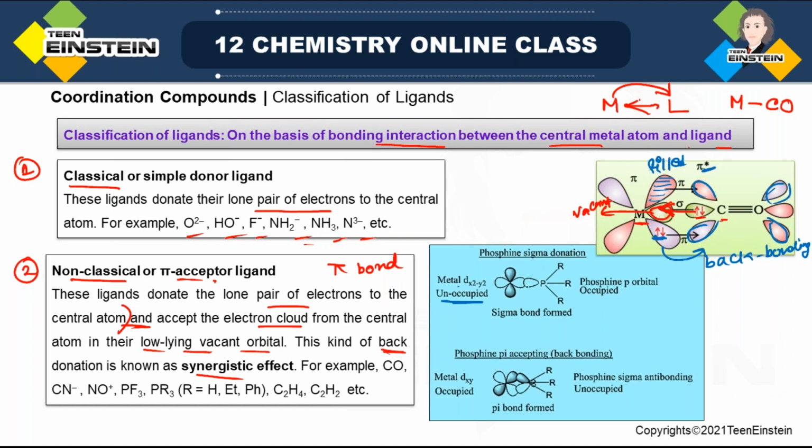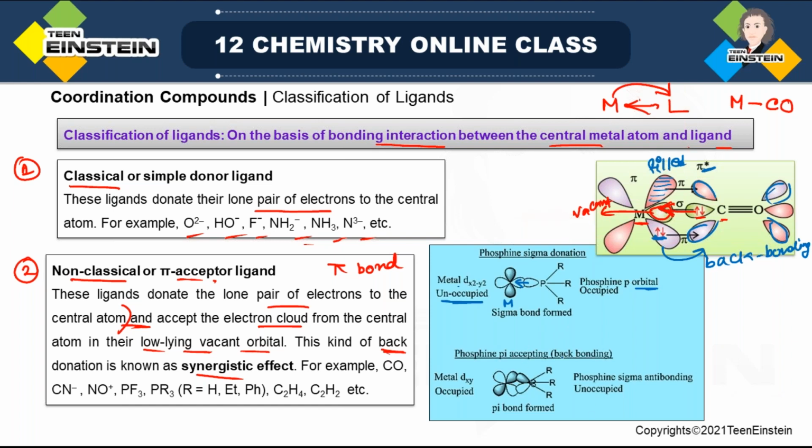So phosphorus is donating its electron pair towards the metal. This is the metal d orbital dx square minus y square, and this is a sigma bond. It is the filled p orbital of phosphorus through which it is bonding to the metal and donating electron density towards the metal.